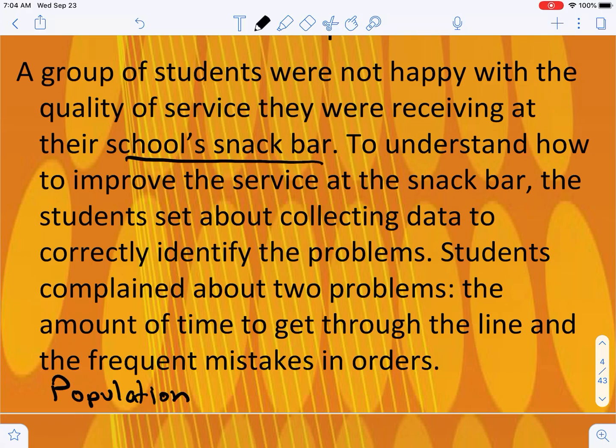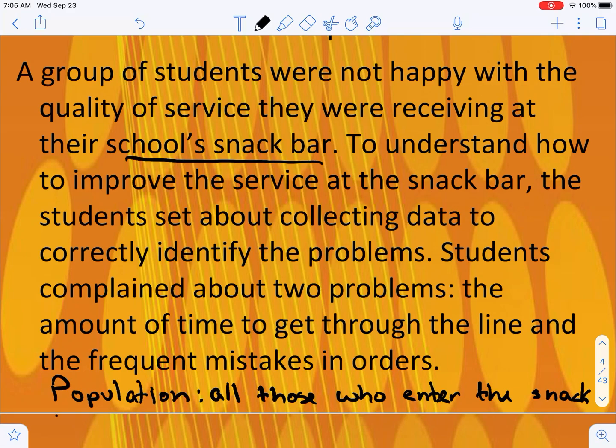The population would be everyone that would attend the snack bar, all those who enter the snack bar. Now, it's not just students, because teachers could go there, professors could go there. Parents could come in, friends could come in from different places. So it'd be all those who enter the snack bar. That would be our population.